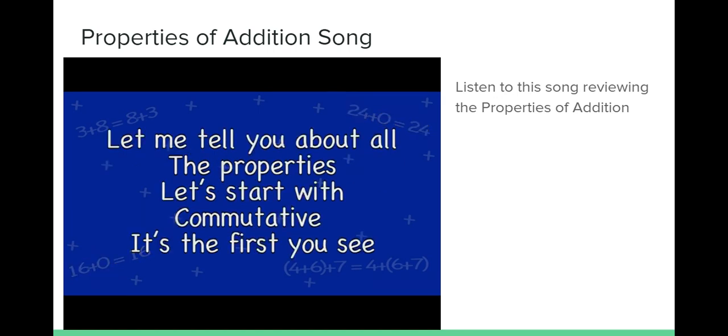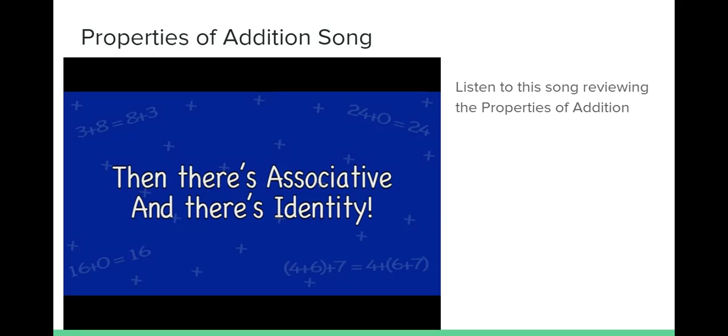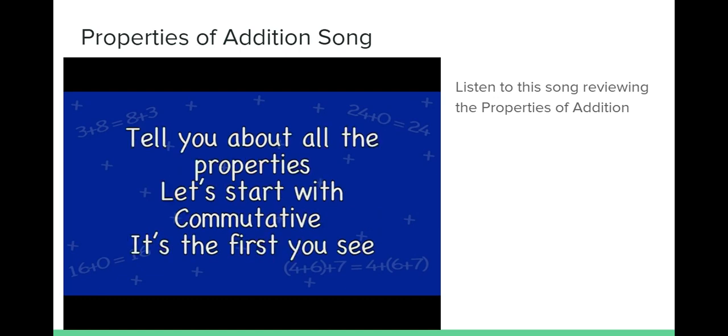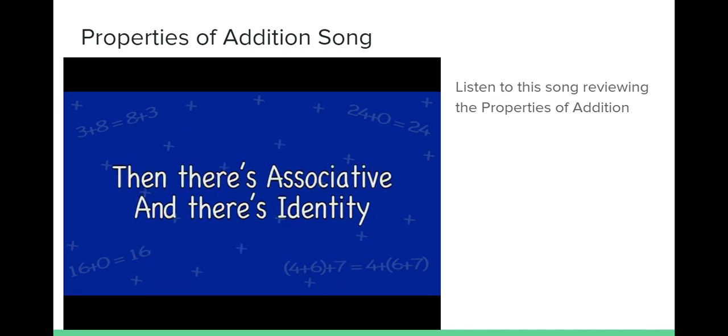Let me tell you about all the properties. Let's start with commutative. It's the first you see. And there's associative and there's identity.